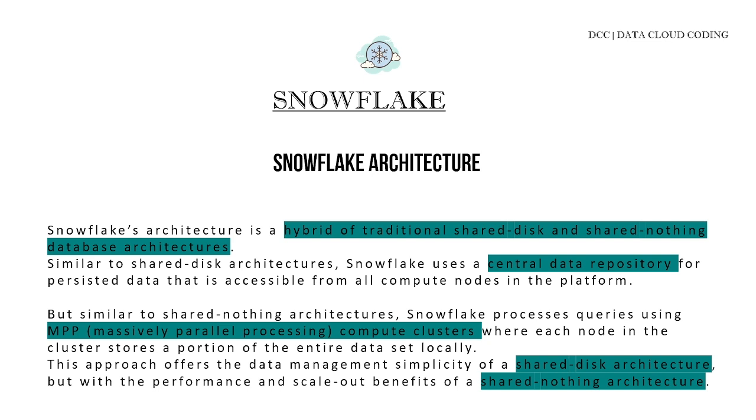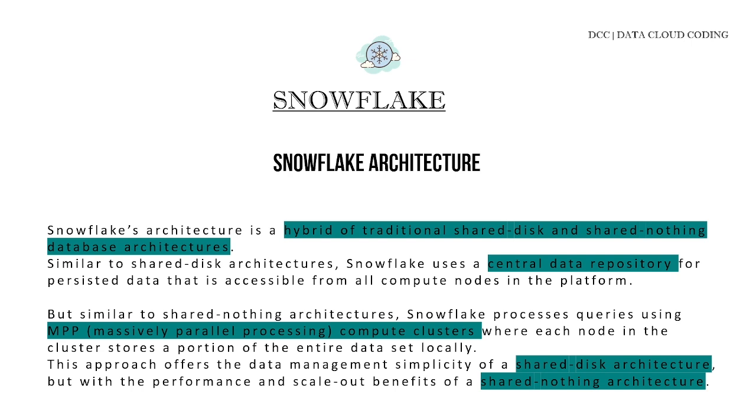If we talk about Snowflake architecture, it is a hybrid of traditional shared disk and shared nothing database architecture. So Snowflake's architecture is a mixture of both. How? Let's see that.